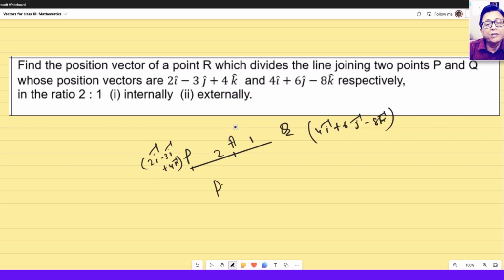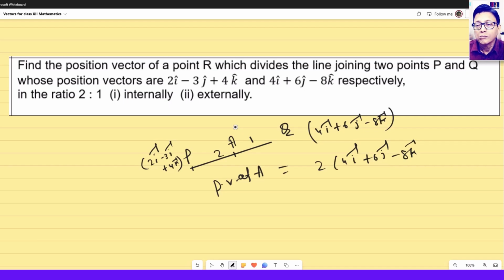So the position vector of A will be what? 2 into 4i, plus the other term, divided by 2 plus 1.